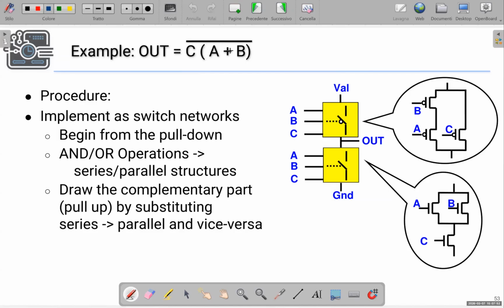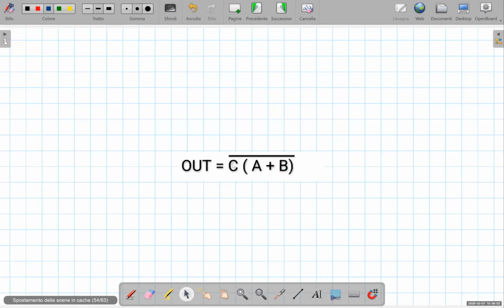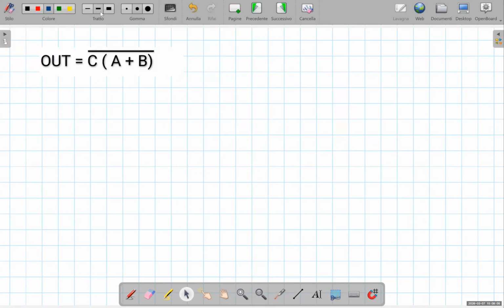For instance, we can start from the pull-down network and devise a switch configuration that makes it possible to force the output low, so to force not out when it is to be forced low.